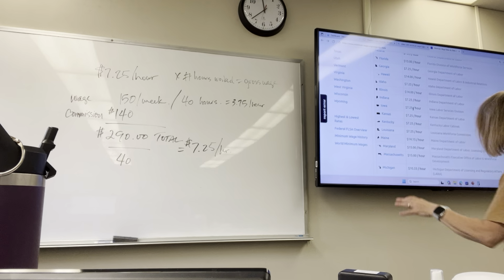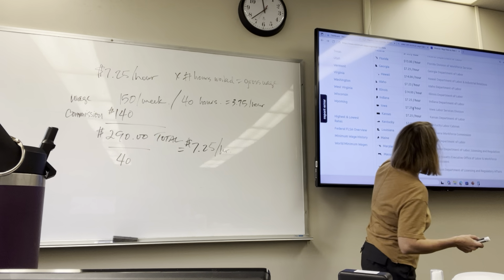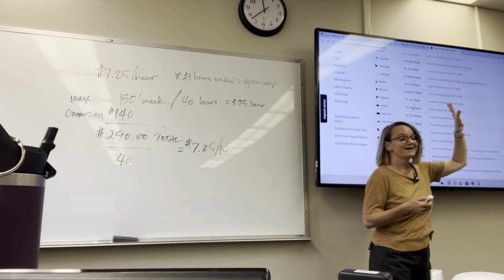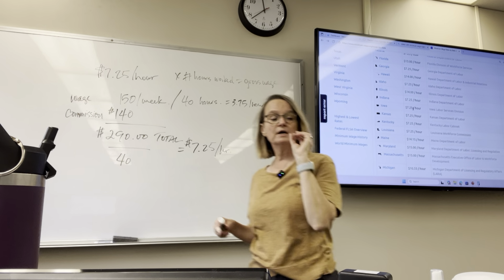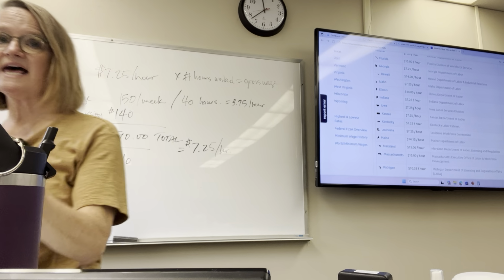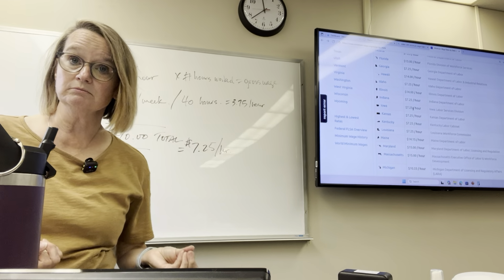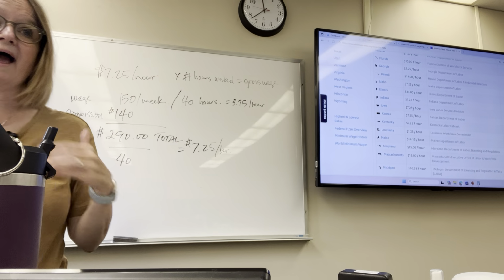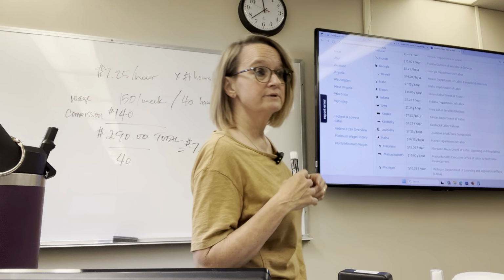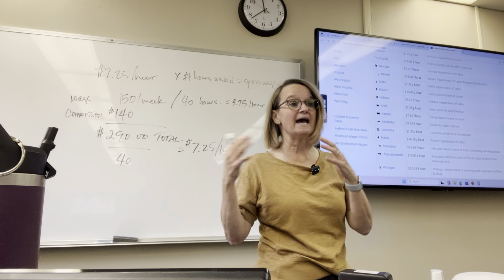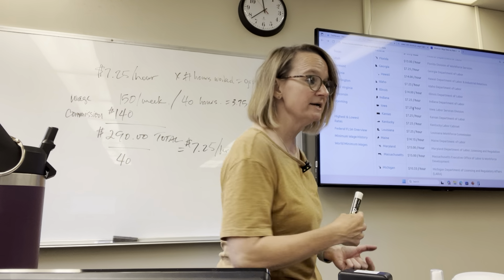And you can see there are a lot of states here that do have the same minimum wage. Those states either have their minimum wage by law set as equal to the federal minimum wage, or they do not have a minimum wage in their state statutes. That is entirely possible as well.